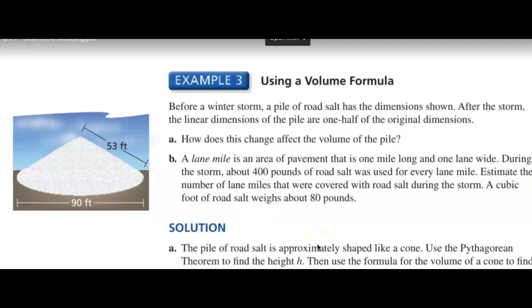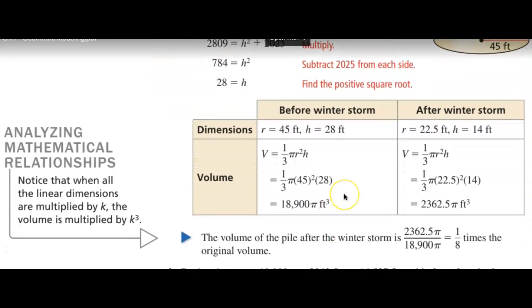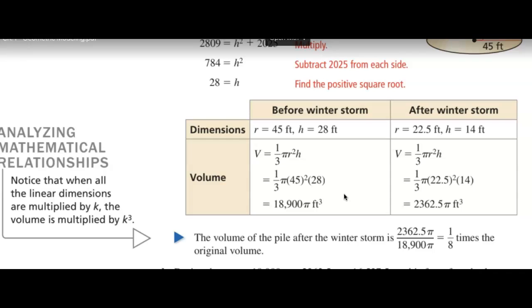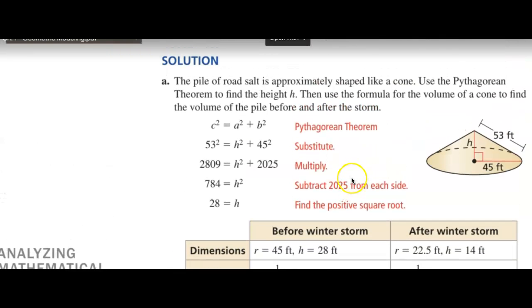Well, the first thing that we have to do is remind ourselves what the volume equation is for a cone. And it's 1/3 pi r squared times the height. And the r value is the radius of the base of the cone. The h value is the height of the cone. And so that's what this work is right here.